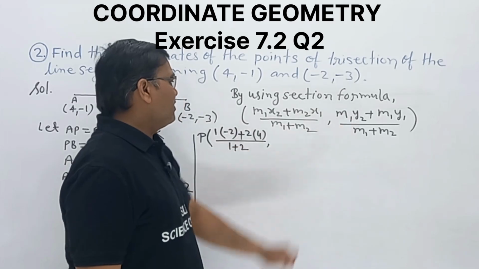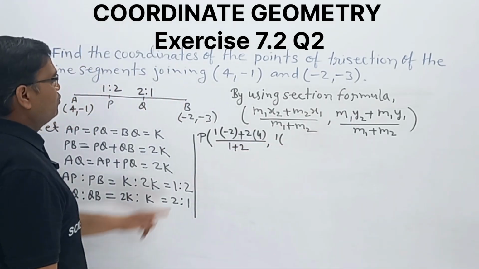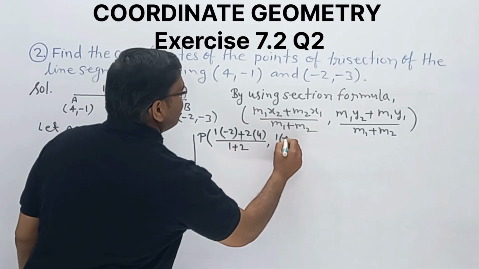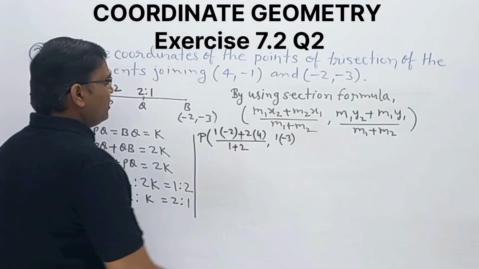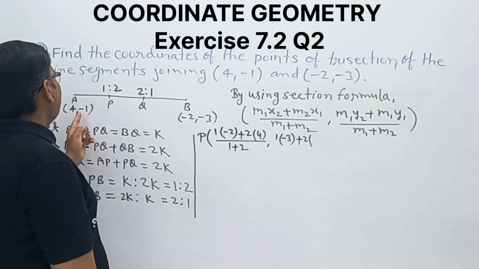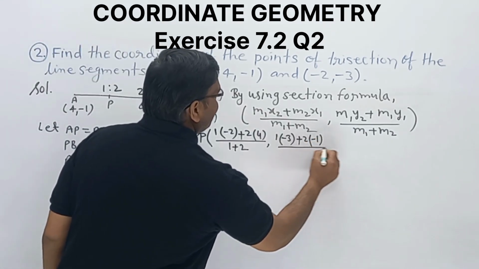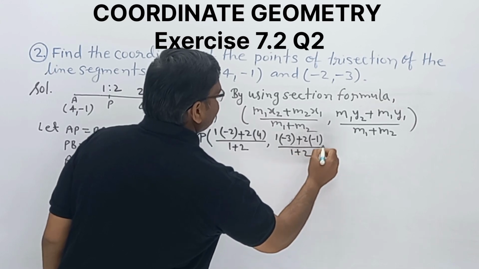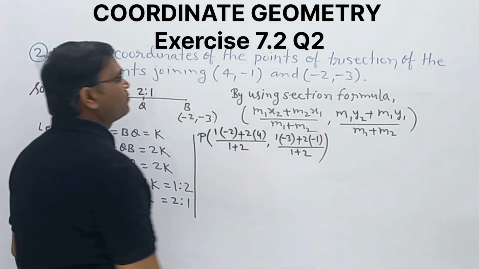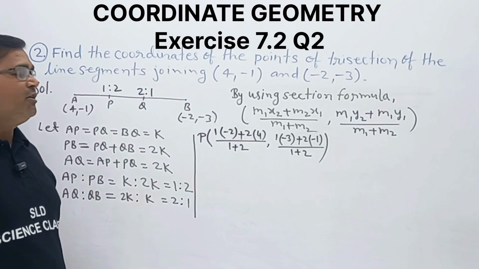Next one: m1 is 1, y2 is -3, plus m2 times y1, which is -1, divided by 1 plus 2. Clear? These are the coordinates of point P.